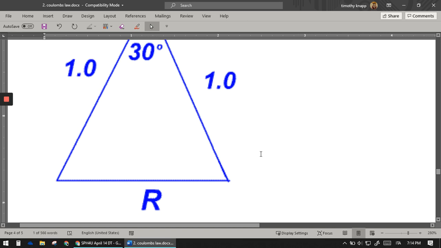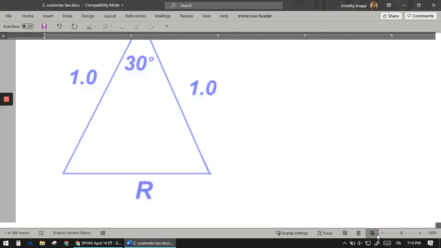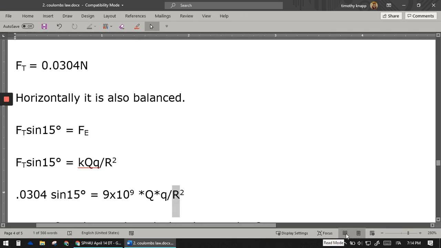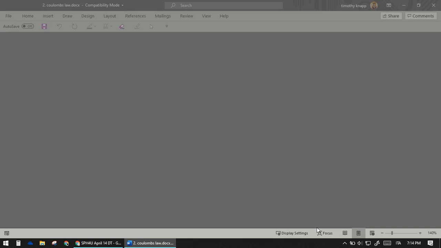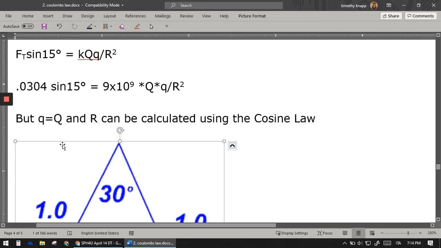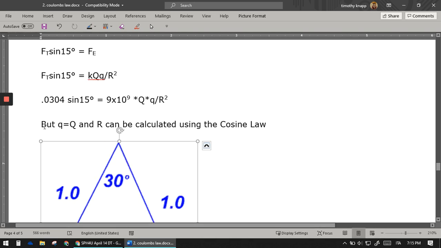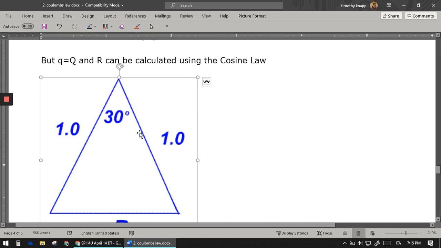They're going to have to use the law of cosines again. Q and Q are equal, all right? And R can be calculated using the law of cosines, because that's 30 degrees. That's 1 meter, 1 meter.